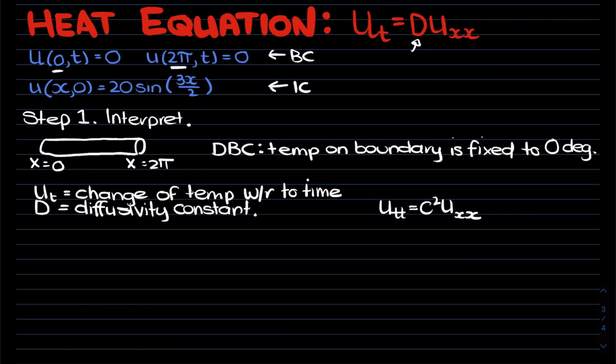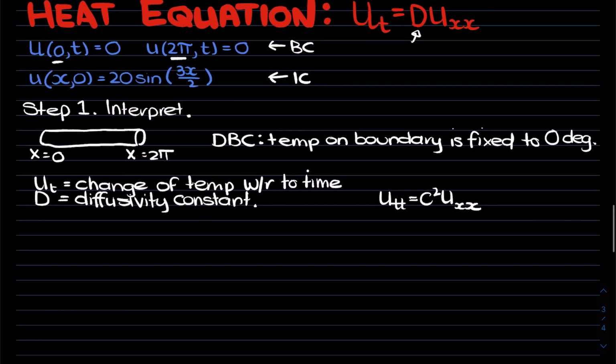So if you're getting this in an exam or something, just make sure that you are in fact dealing with the heat equation and not the wave equation, because D may be written as like 3 squared or something. If it was the wave equation, c would equal 3, but if we're working with the heat equation, D equals 9.